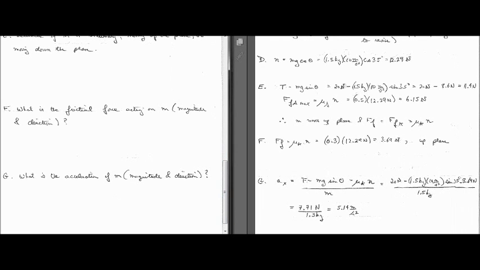It's going to be 20 newtons minus 1.5 kilograms times 10, that is 15 newtons, times the sine of 35 degrees, minus the frictional force, which is 3.69 newtons, divided by 1.5 kilograms. The numerator is 7.71 newtons, that's the net force up the plane, divided by 1.5 kilograms. And the acceleration up the plane is 5.14 meters per second per second.